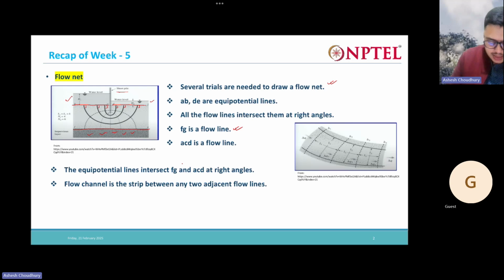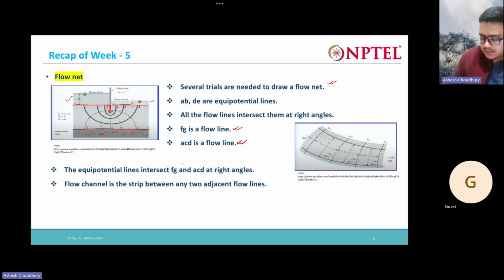ACD is also a flow line. The equipotential lines intersect FG and ACD at right angles. The dotted lines are the equipotential lines, and obviously these have to intersect the flow lines at right angles.